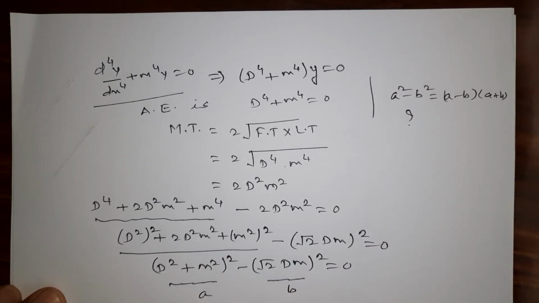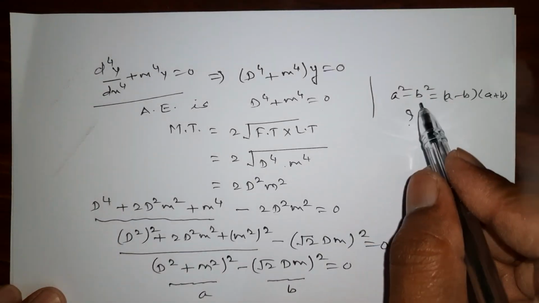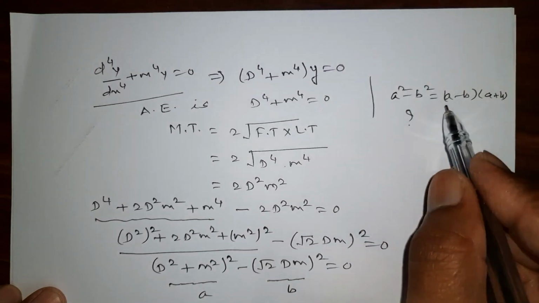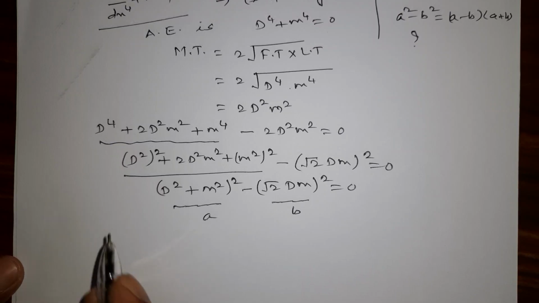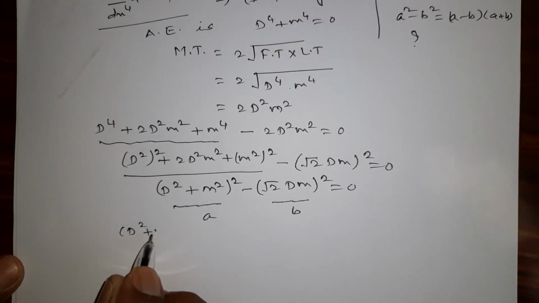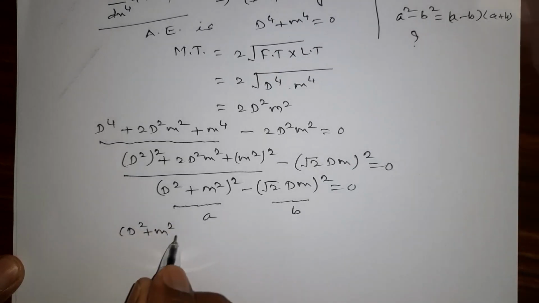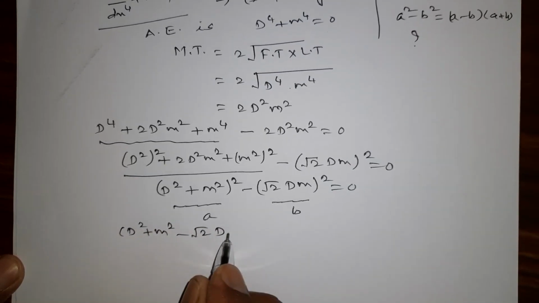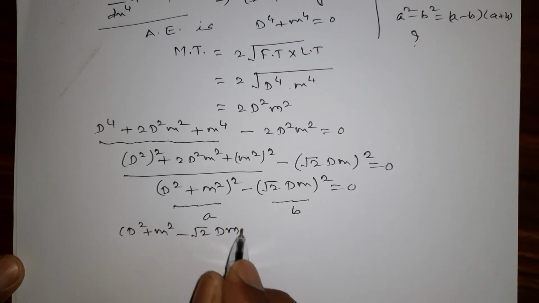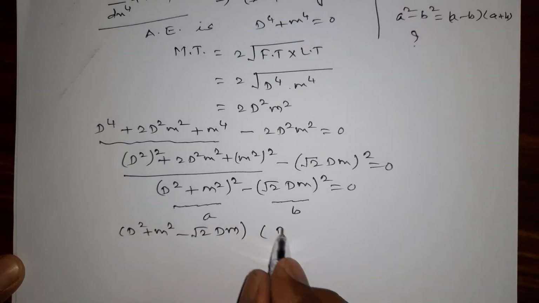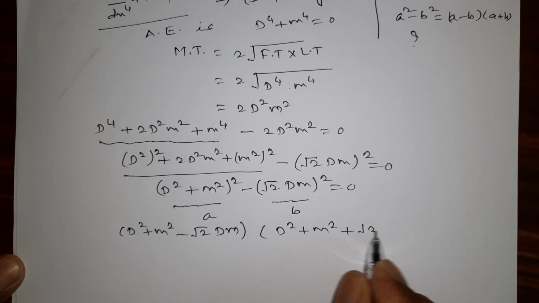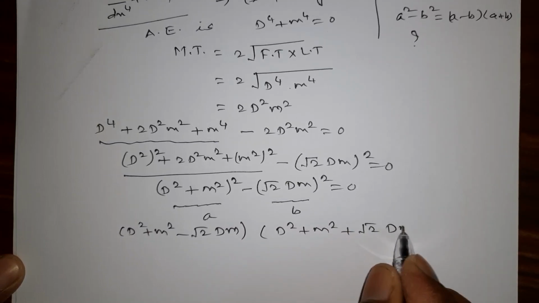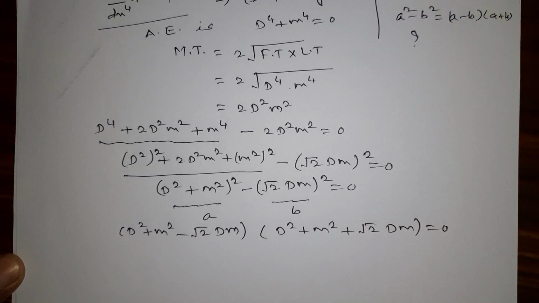So I can use the formula a square minus b square is a minus b, a plus b. So here we can write d square plus m square minus root 2 dm, and then d square plus m square plus root 2 dm is equal to 0.